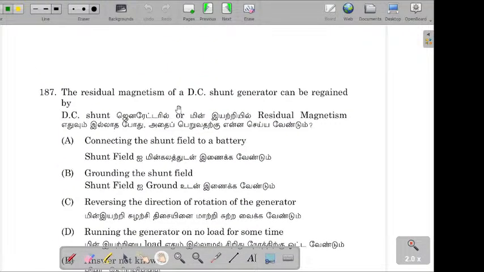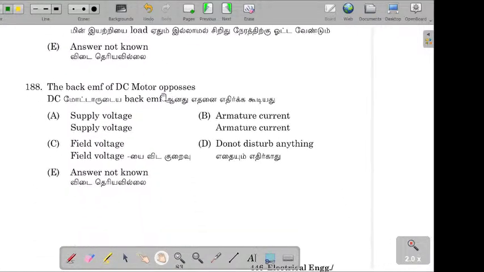The residual magnetism of a DC shunt generator can be regained by connecting the shunt field to a battery. The back EMF of DC motor opposes supply voltage.